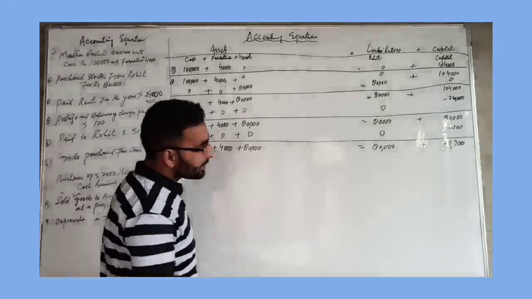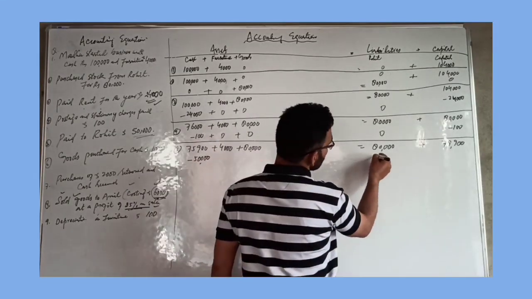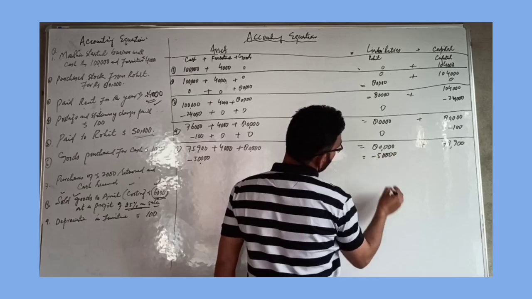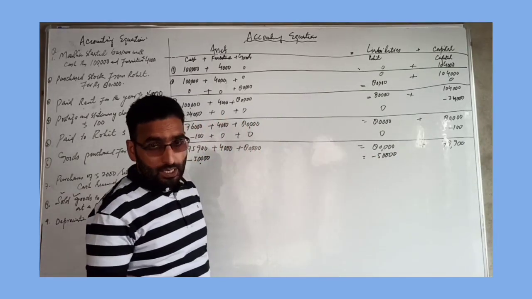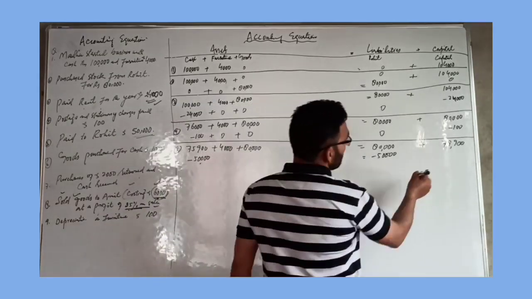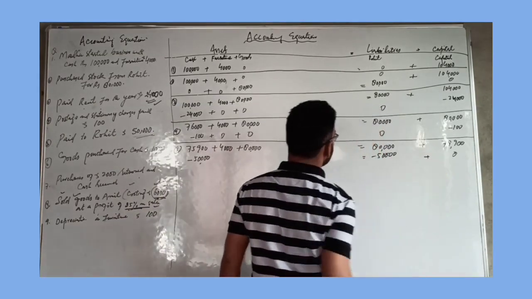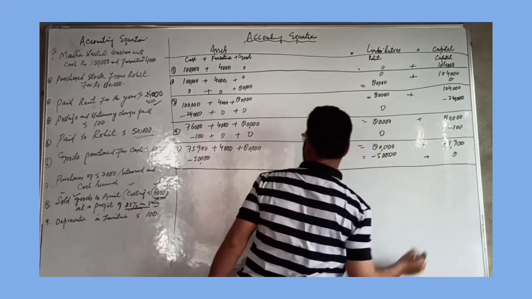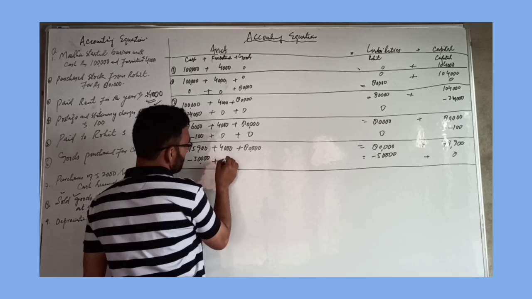At the same time, the liability to Rohit decreases by 50,000. Now the liability remained here 80,000 minus 50,000, that is 30,000. Capital same. Other things unchanged.